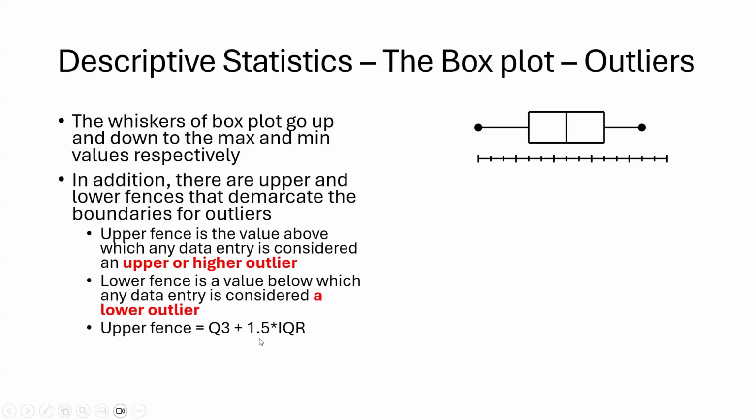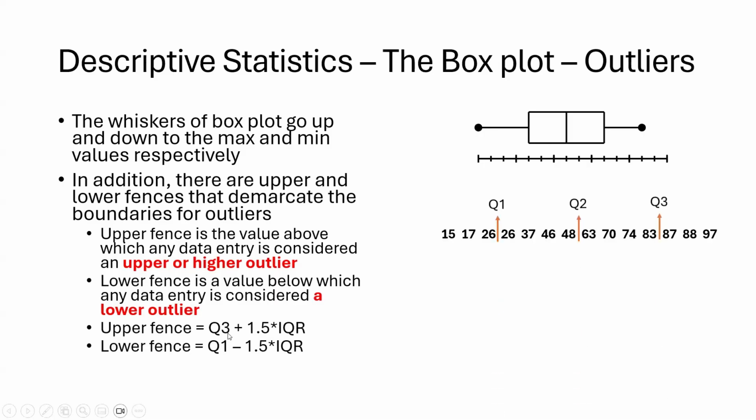We multiply it by 1.5 and add it to Q3, and you'll get a value somewhere beyond the upper whisker. That value will not be explicitly modeled on the plot, but it will be the upper fence. Any data value in your data set which is above this value will be considered an outlier. Okay, similarly, what about the lower one?